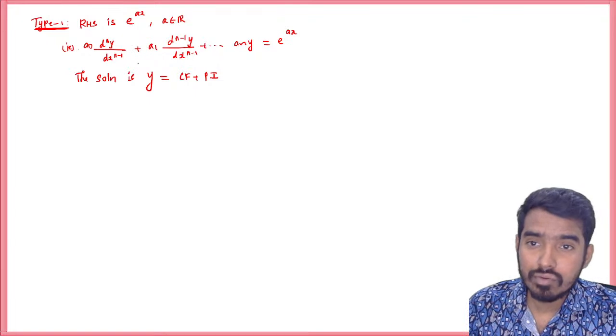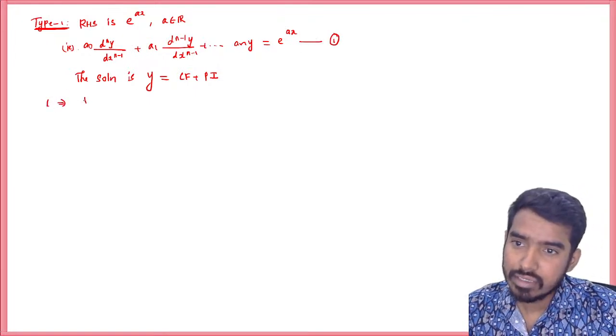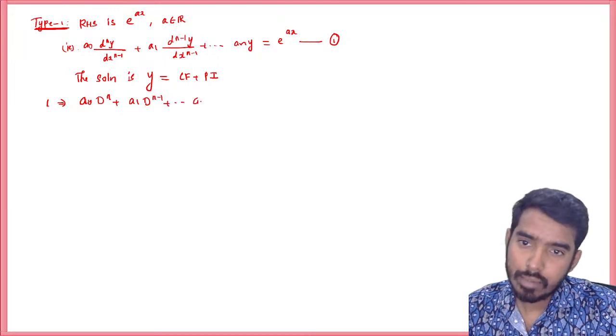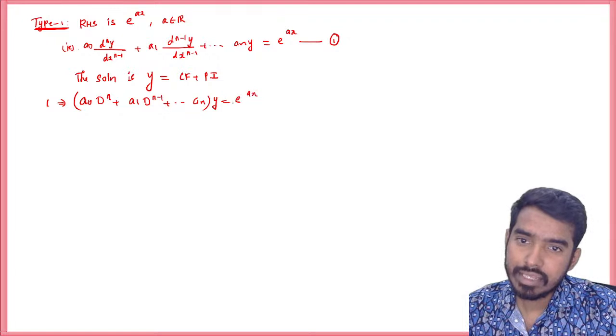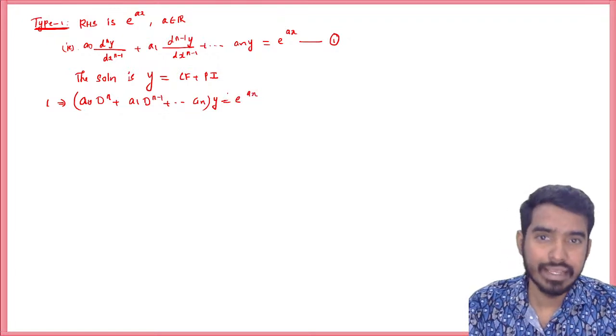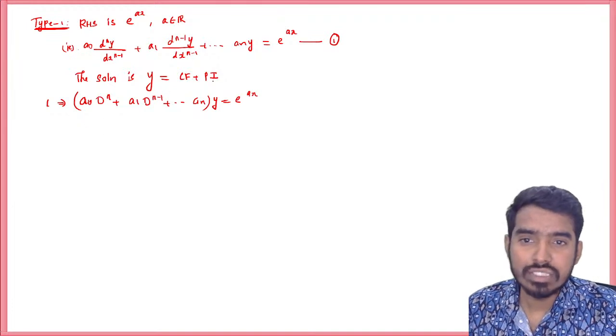This can be written as (a naught D power n plus a1 D power n minus 1 and so on up to an) of y is equal to e power ax, right? Now the solution is y is equal to CF plus PI.